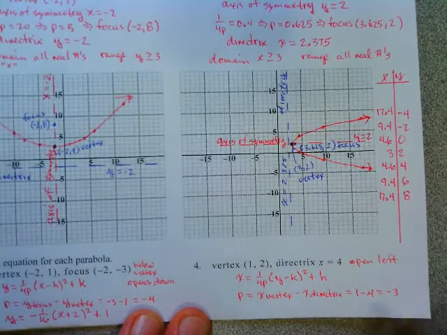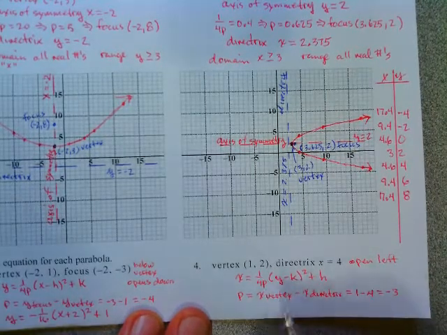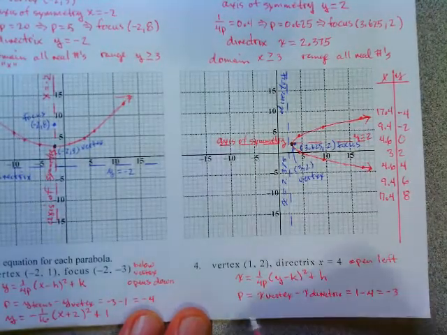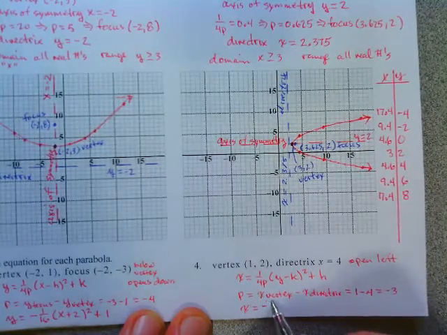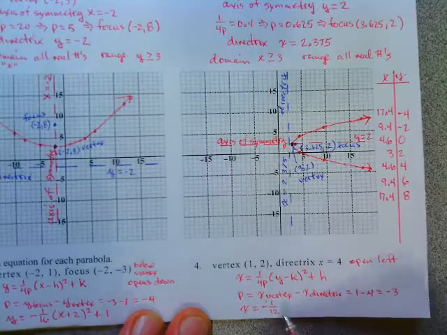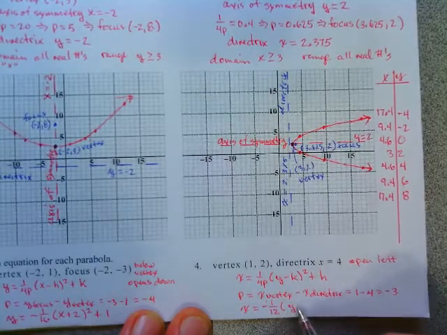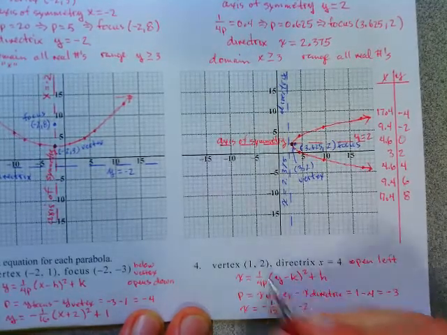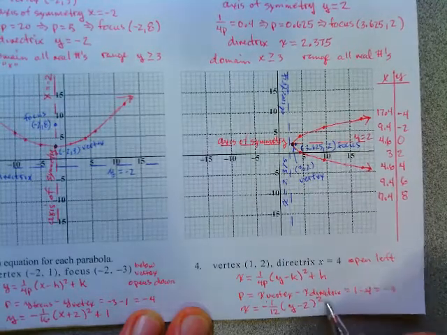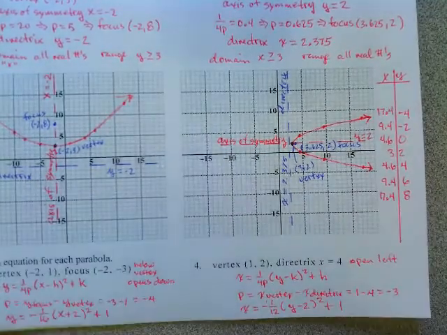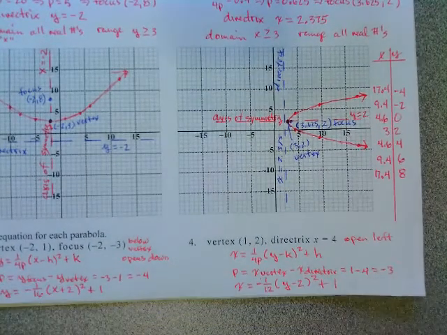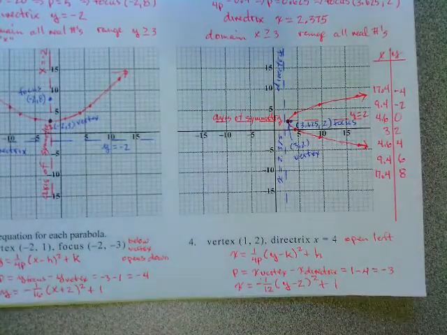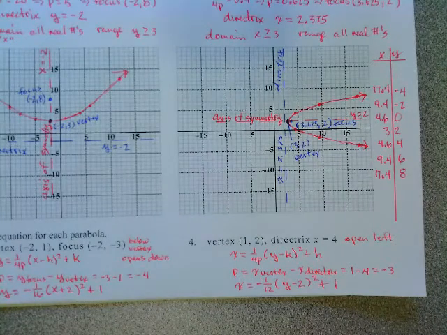So that's my p, negative 3, 1 over 4p, so 4 times negative 3 would be negative 12. So this is negative 1/12 (y subtract 2), again has to be opposite sign, squared plus 1. And so there is the equation of the parabola, in this case opening to the left.